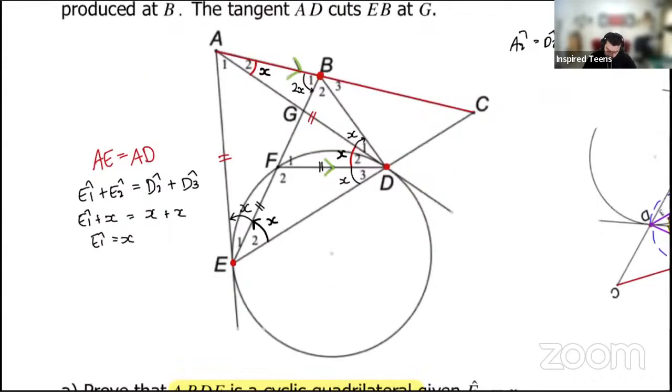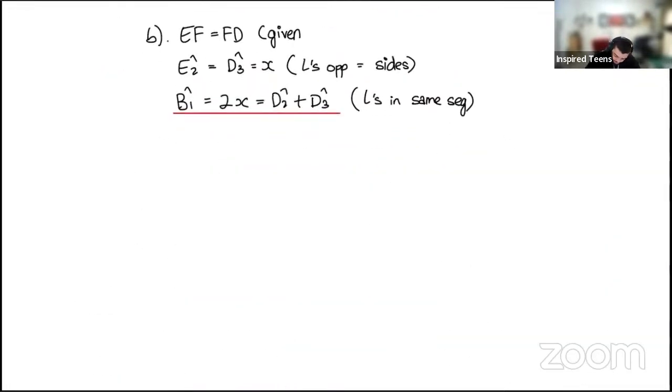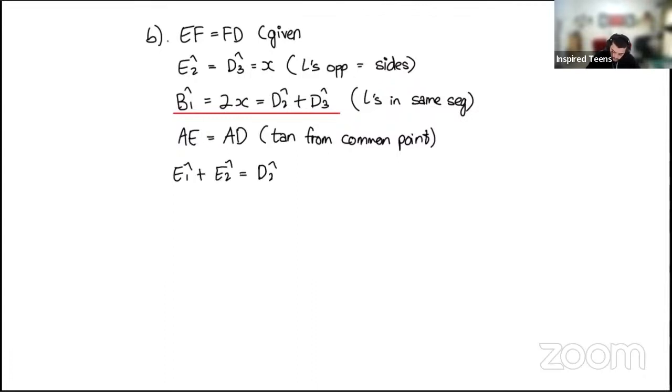Okay, that's done. Then I think this is the thing we proved: AE is equal to AD, tangent from common point. And from that we concluded that E1 plus E2 is equal to D2 plus D3.